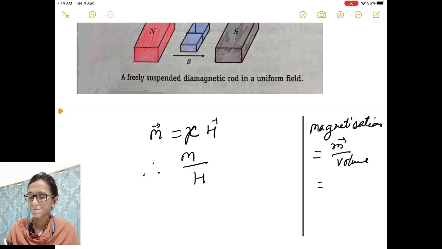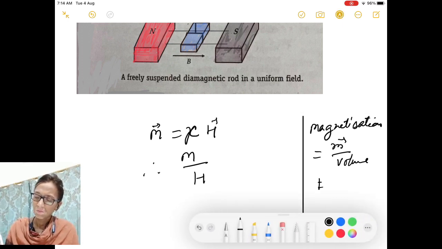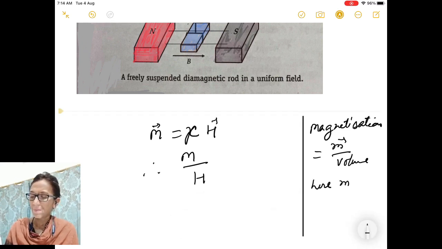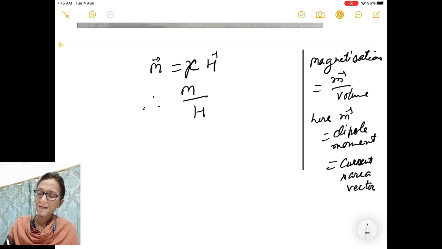Here m is equal to dipole moment, which means current into area, a vector. So this is your magnetization.